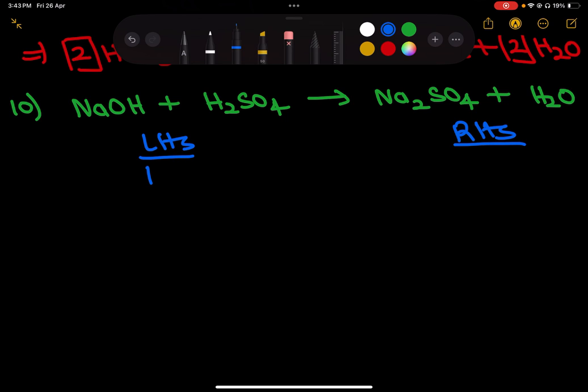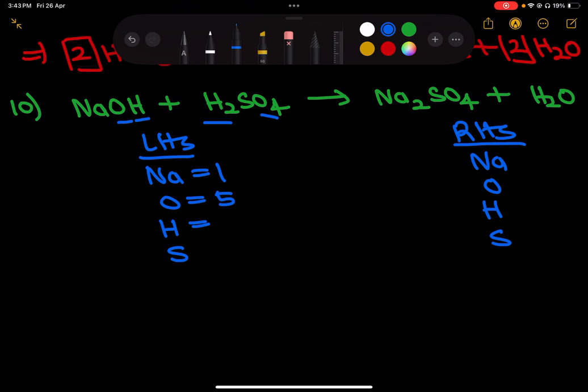So we have on the LHS NaOHS. Okay, so 1 Na, 1 plus 4, so 5 O, H are 2 plus 1, 3, and S is 1. Here Na2, O is 4 plus 1, 5, H2, and S, 1.